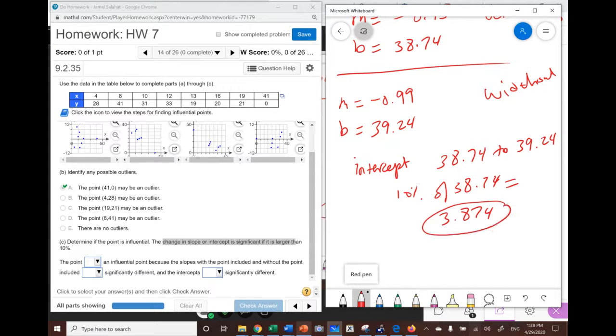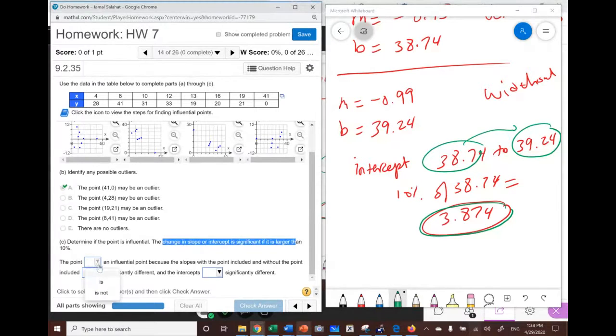Now look at the change. Did the intercept change by 3.7 or by 3.8? The intercept in here is changed by less than 1. So in this case, it did not change by 10%, it changed by way less than 10%.